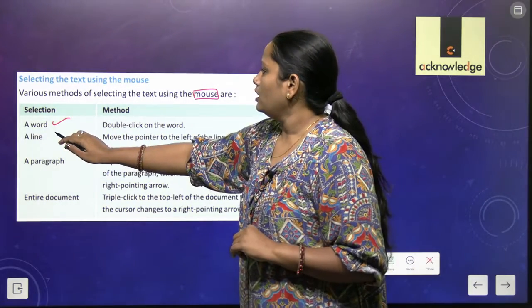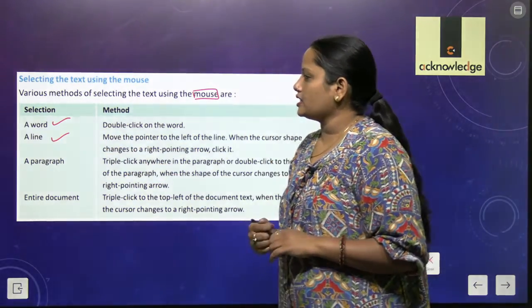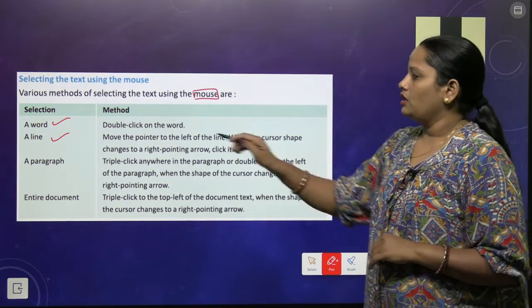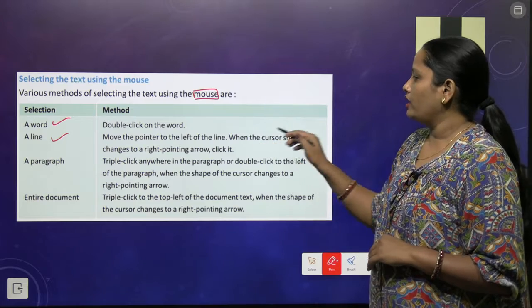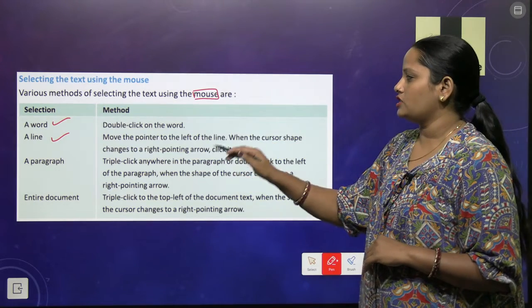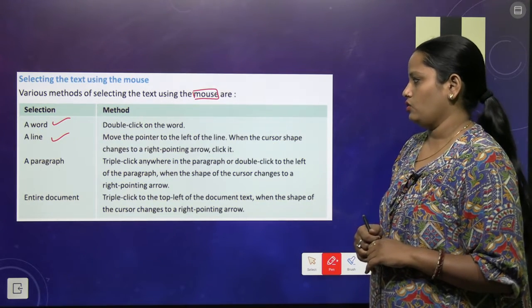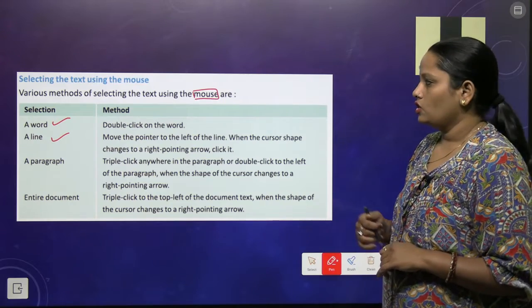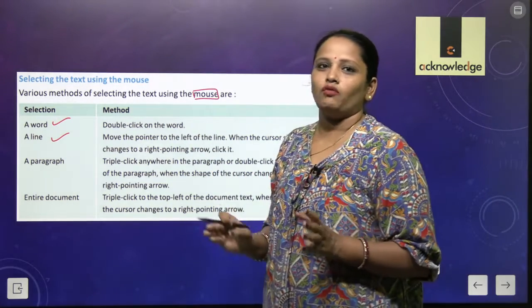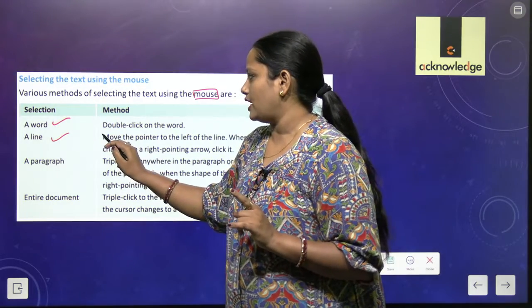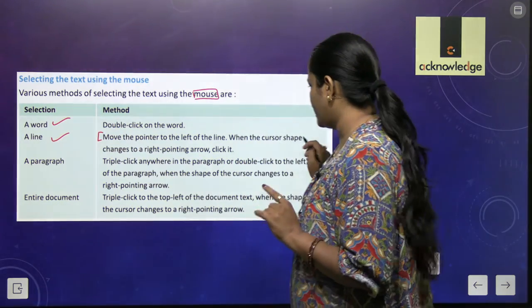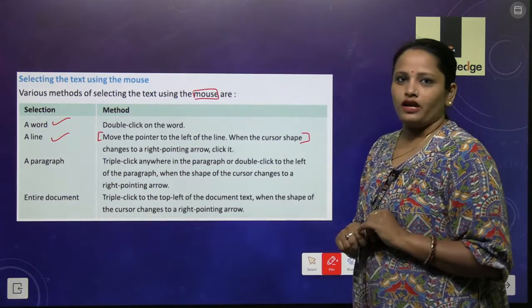Next is selecting a line. Move the pointer to the left of the line where the cursor shape changes to a right pointing arrow, and click it. So when I want to select a particular line, suppose I want to select this line, what do we have to do?